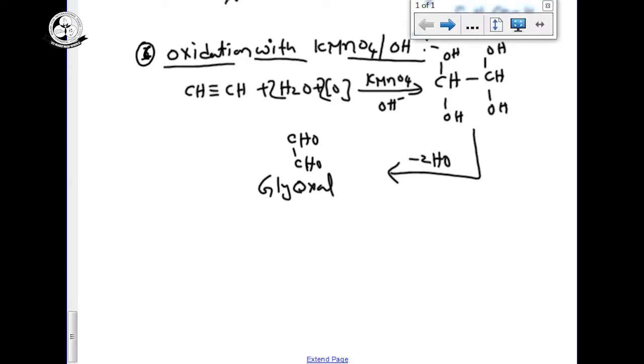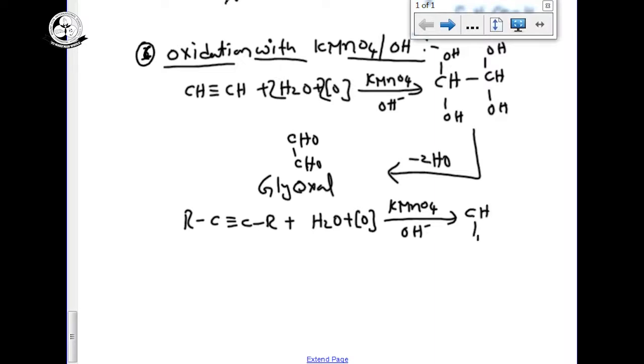Glyoxal is an aldehyde. Suppose I take a higher alkyne R, C triple bond C, R. First I do mild oxidation with KMnO4 and basic medium. Just break one bond and it becomes a double bond, with R, OH and OH on each side.